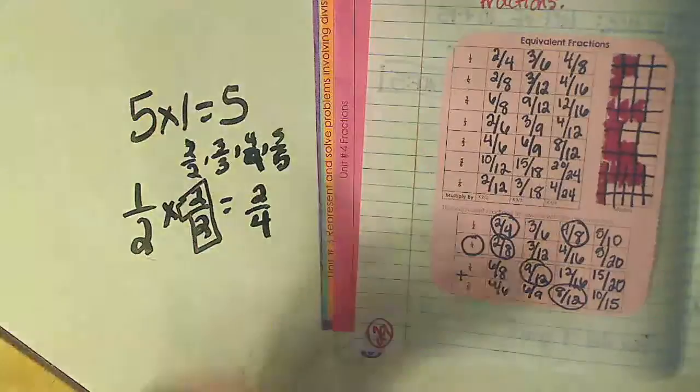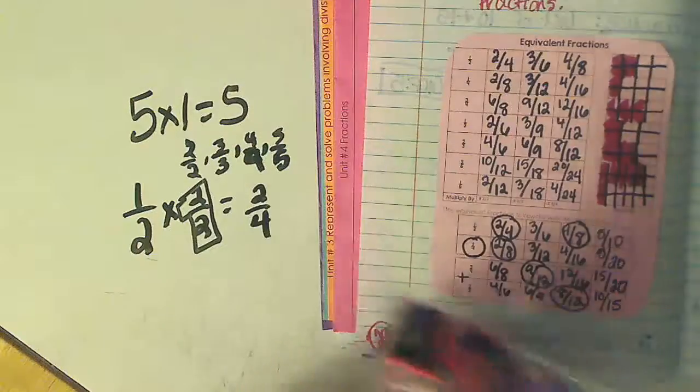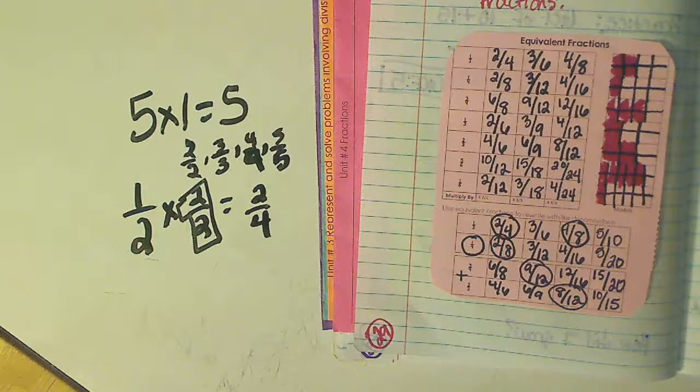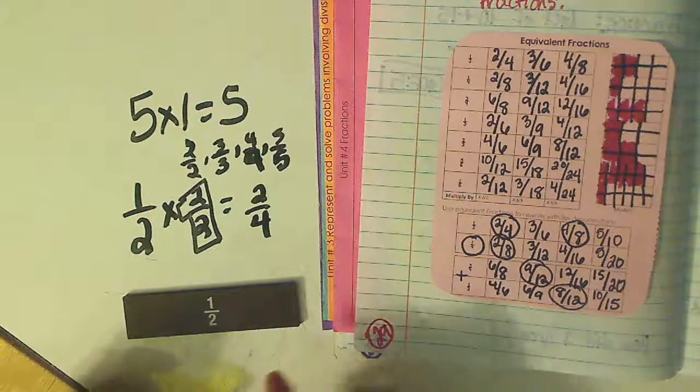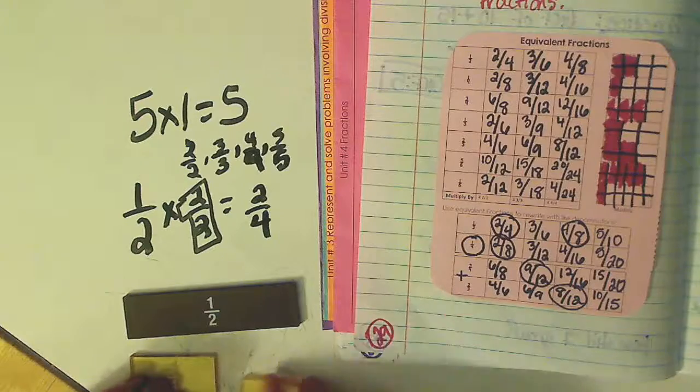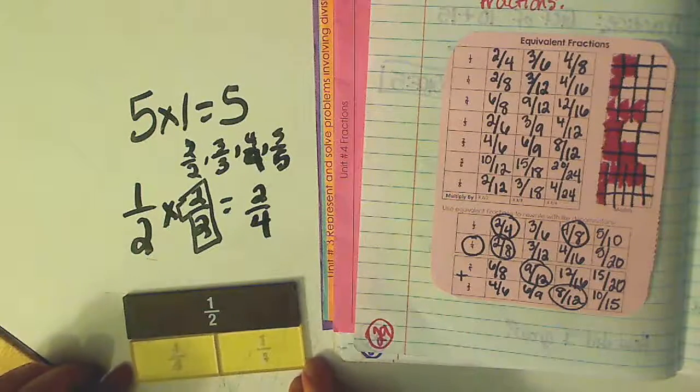We also use fraction bars to help us understand that, because when we did that, it does equal out to be the same fraction. So the 1/2 does equal the 2/4.